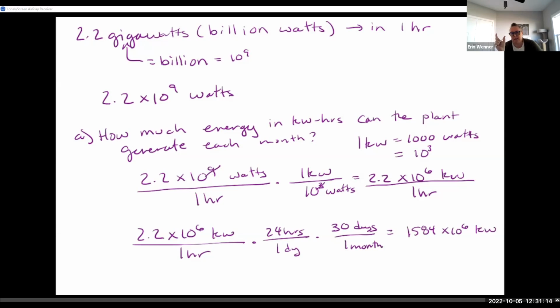Now remember when you're looking at where you're giving the answer, there's a box, and part A says, the plant can generate blank million kilowatt hours each month. 10 to the 6th is million. So what this is telling us is that it can generate 1,584 million kilowatt hours.